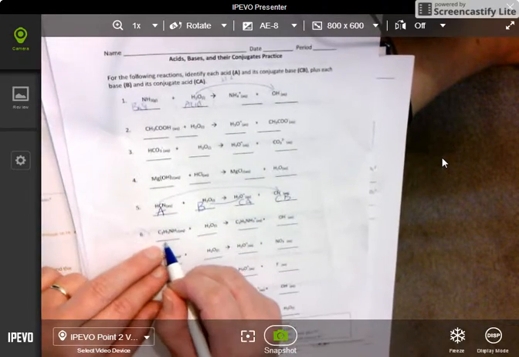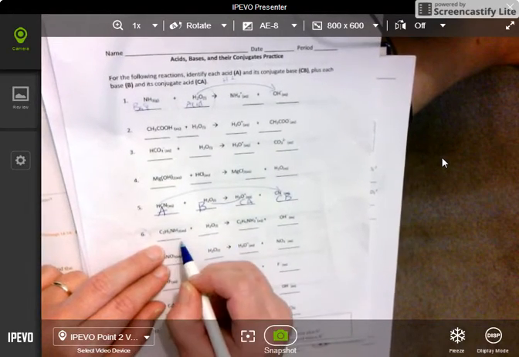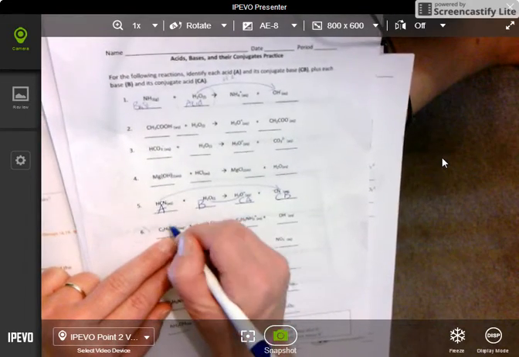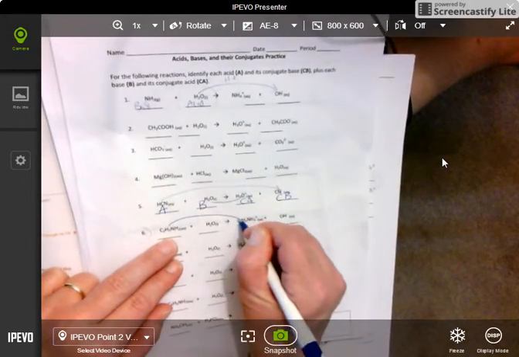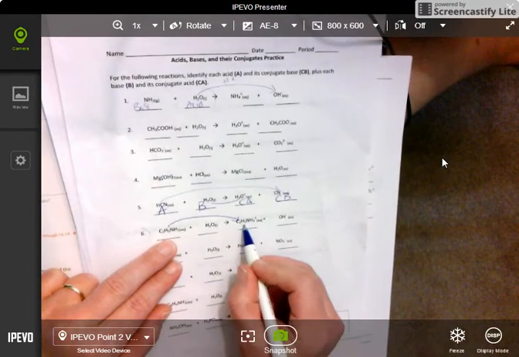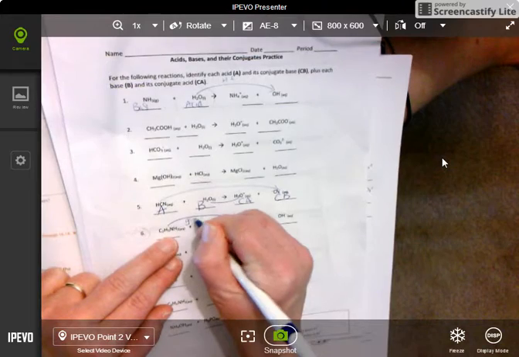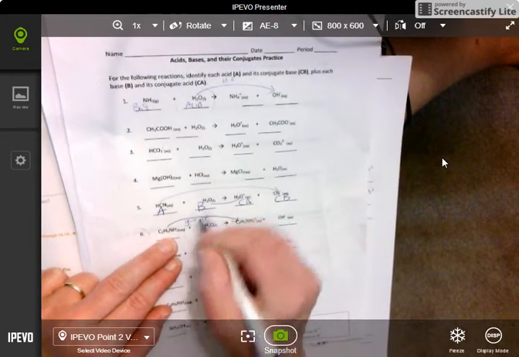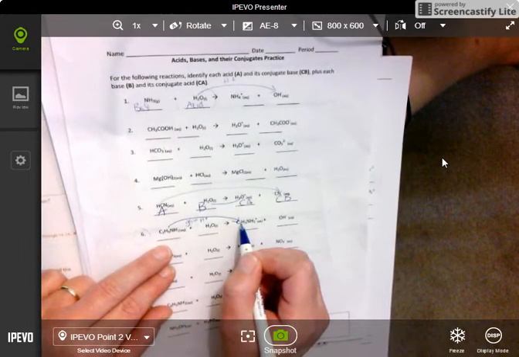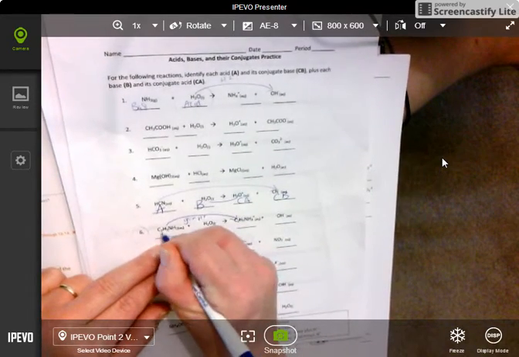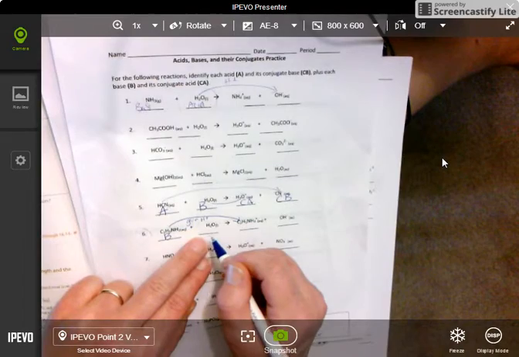Then we'll do number 6 because that looks a little bit different. You're looking at these two. You have to figure out how this one is related to this one right here. That's the related species or related particle. It had to gain or accept an H plus ion, a proton, so it's a base because it's a proton acceptor.